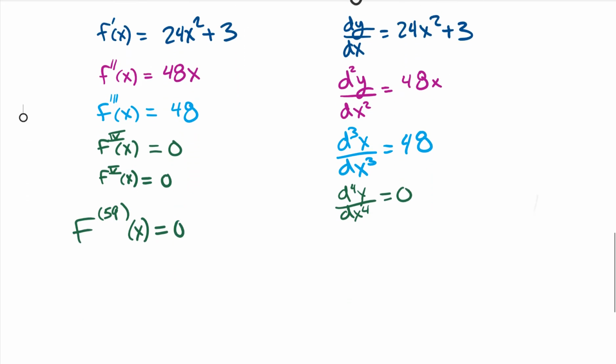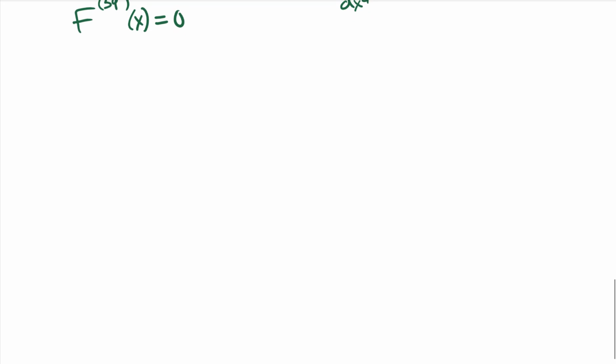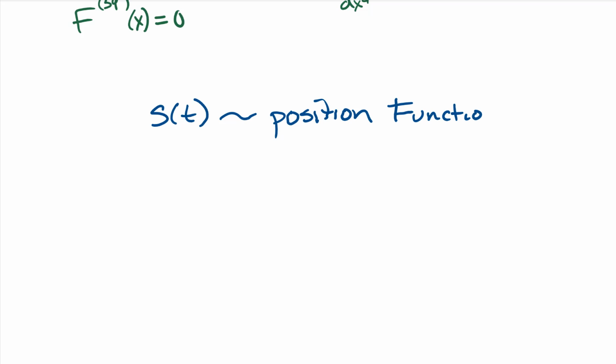Now, the last piece I wanted to tie together is the fact that if you start off with your position function and you take a derivative of your position function, you're going to get the velocity function.